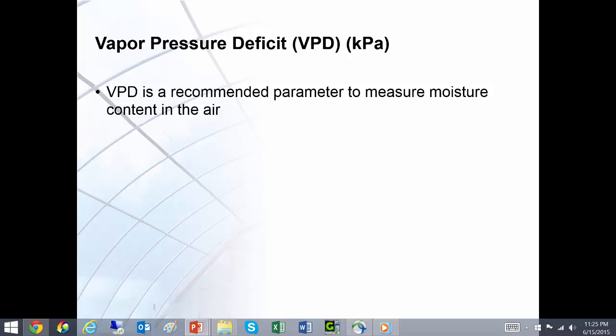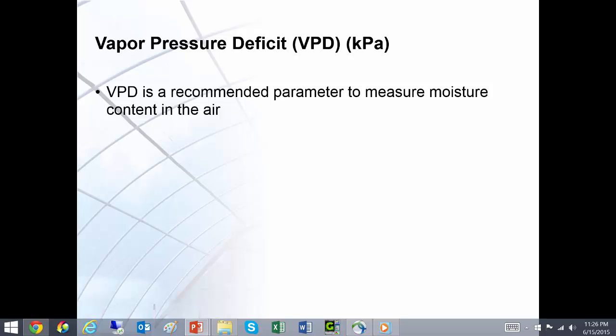So, remembering the effect of air temperature on the capacity of the air to hold moisture, we will recommend another term or variable used to measure moisture content in the air, and that is vapor pressure deficit, and the unit is kilopascal.